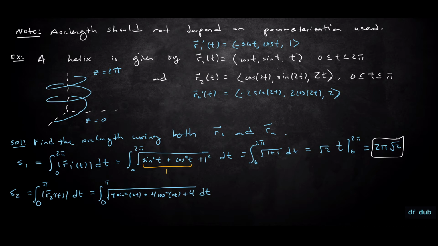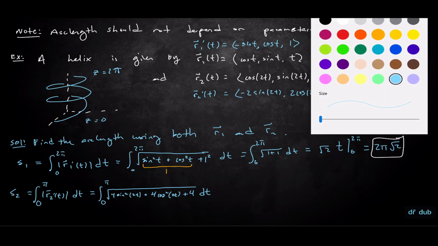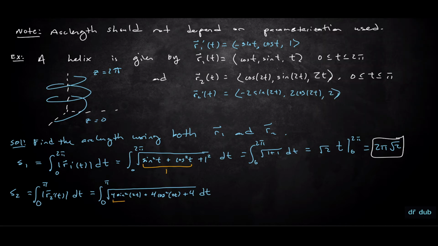So I square each component and add them all together. Again, trig tells me these two add to just give me a 4, because I can factor out a 4 and get sine squared 2t plus cosine squared 2t, which is just 1.